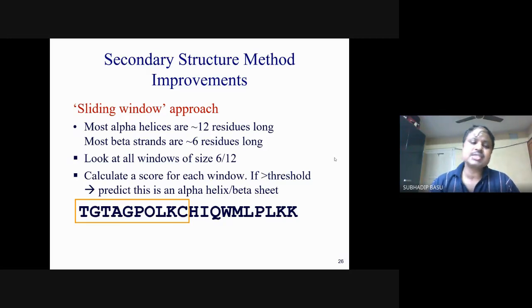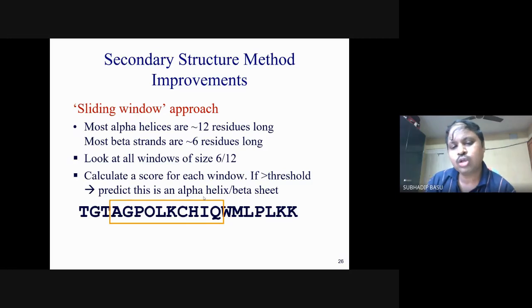But in the original Chou-Fasman method, they said that if you have a sliding window which moves like this, and you slowly move on, then you estimate the combined score for being alpha helix or beta sheet, and if it crosses a particular threshold, then you call the whole window a helix or sheet. Otherwise, you stop there. So this was the approach adopted by Chou.